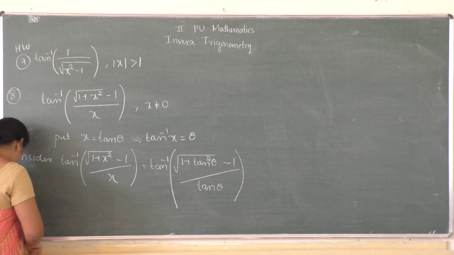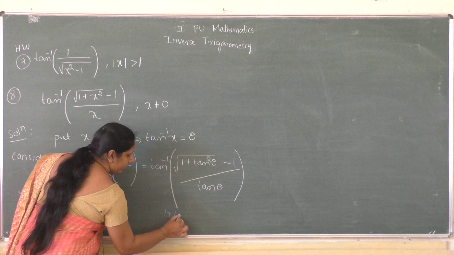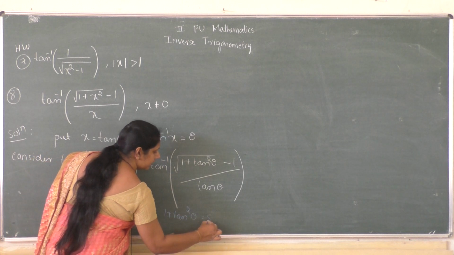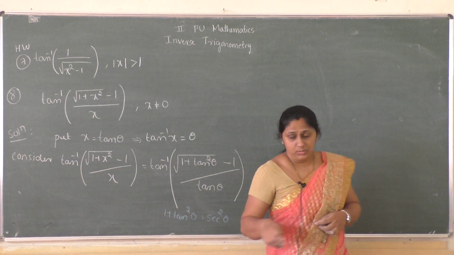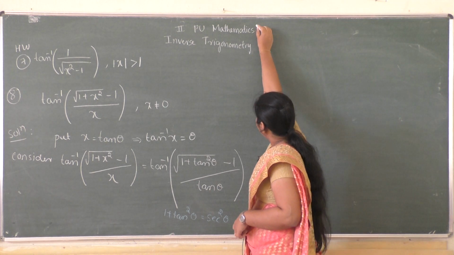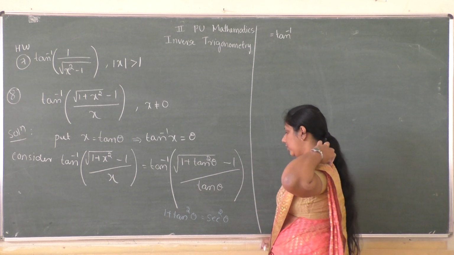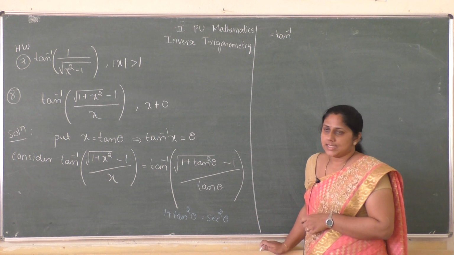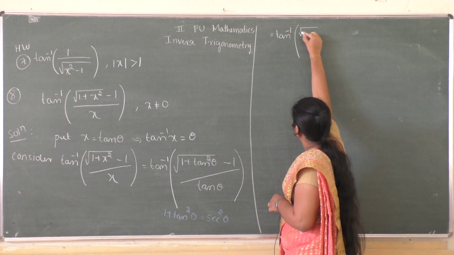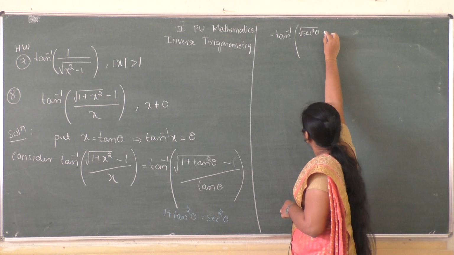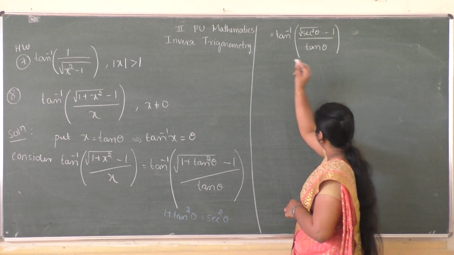Now we have the trigonometric identity. What is the identity? We have 1 plus tan square theta is sec square theta. So it is tan inverse of, in the place of 1 plus tan square theta we can write sec square theta. So it is root of sec square theta minus 1 divided by tan theta.